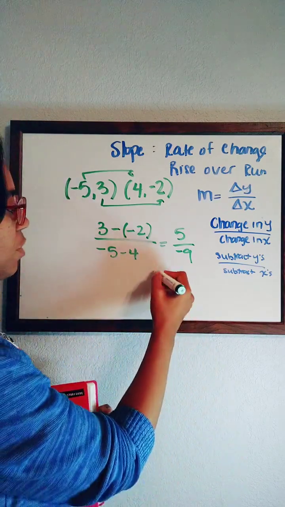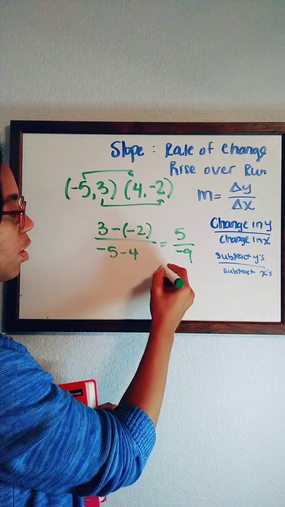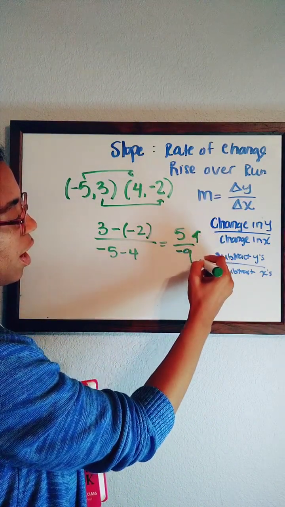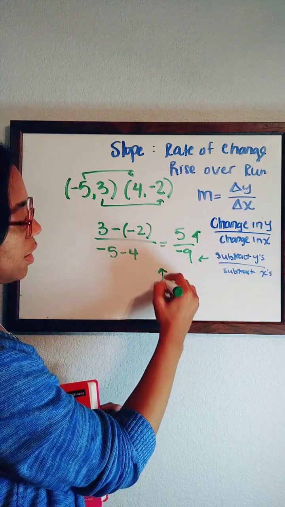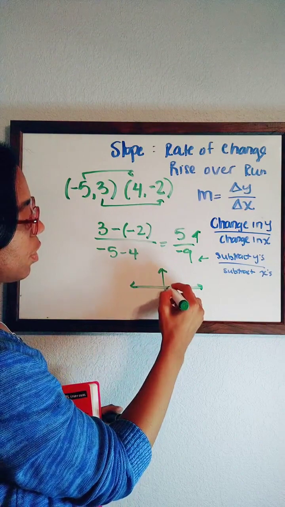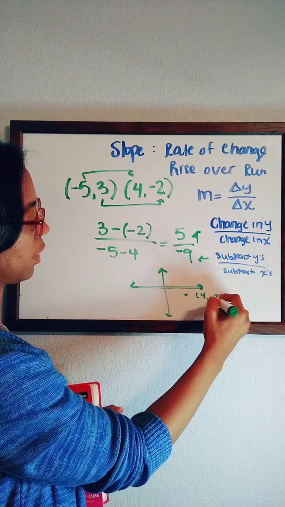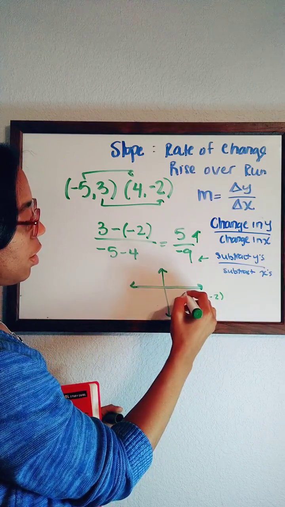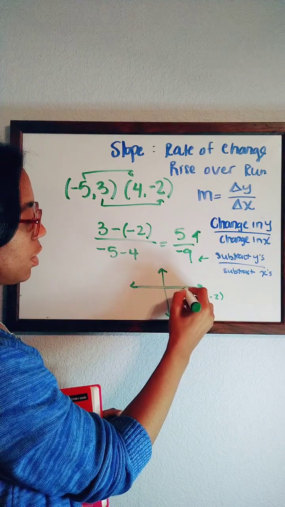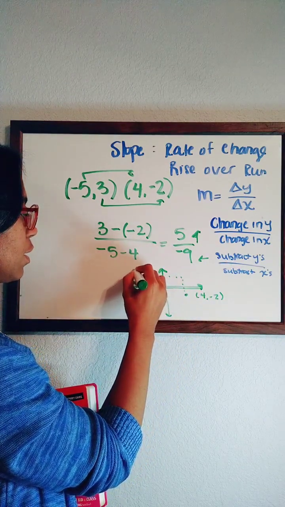If you had to graph it, you would start at a point with a negative slope, and you would go up 5 and to the left 9. That's why I said I don't have enough space on here to do it. All you do is start at a point. We'll start at 4, -2, and then go up 5 because it's rise over run. Count 1, 2, 3, 4, 5, then 1 through 9.